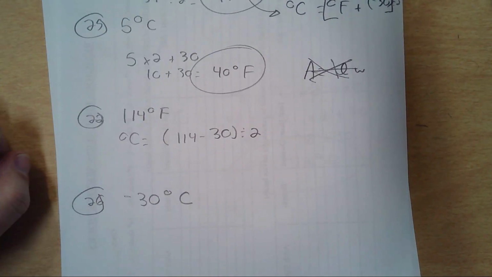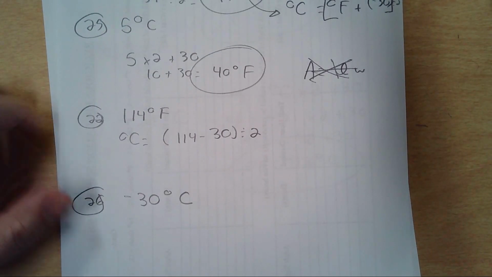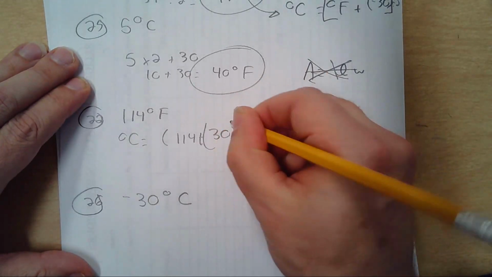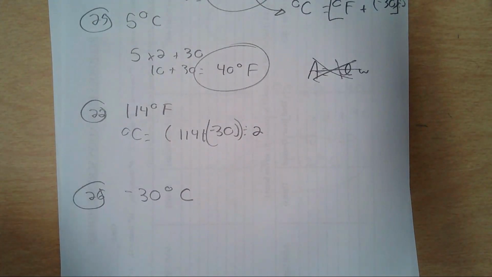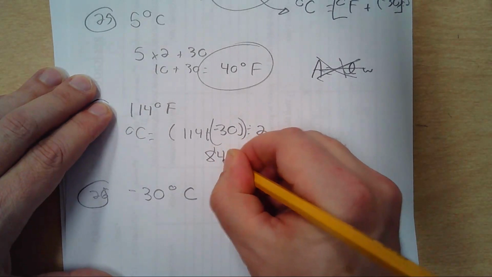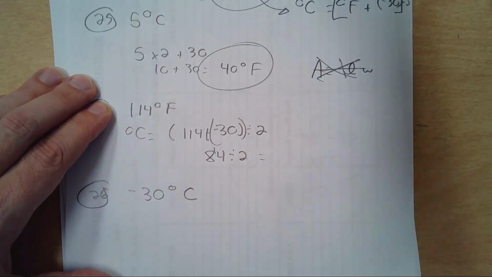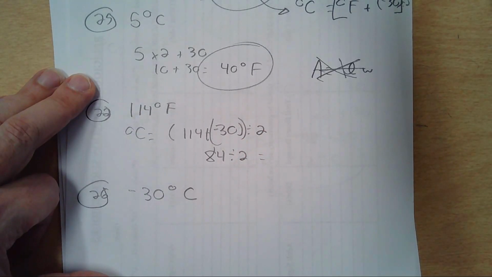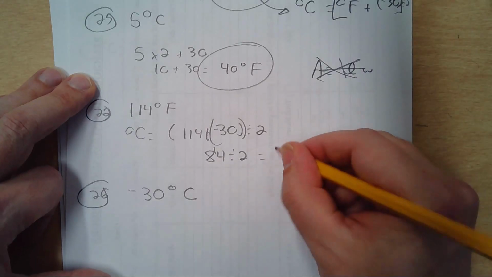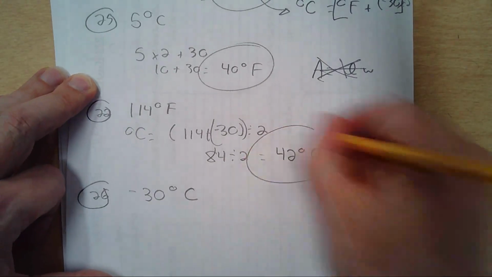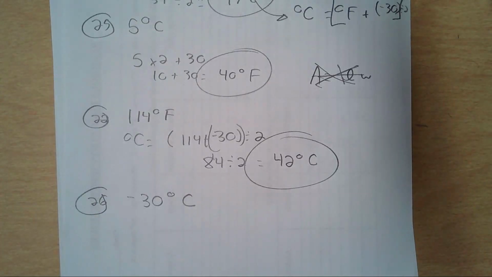You changed the subtraction into addition probably. So that's 84, divided by 2. And then you get the answer. Bada bing, bada boom. Just like that.